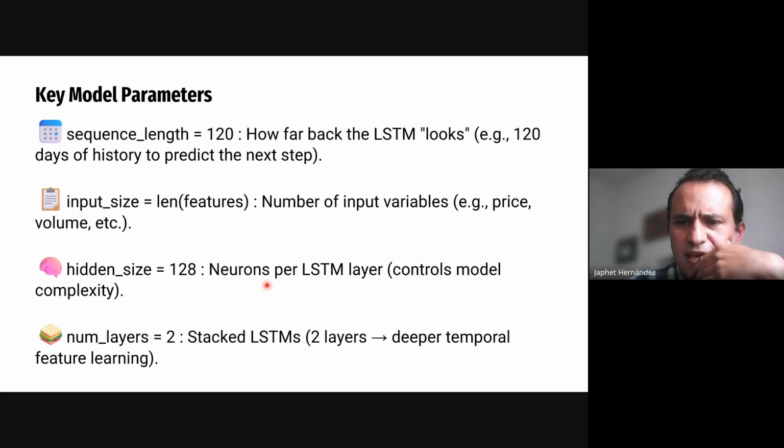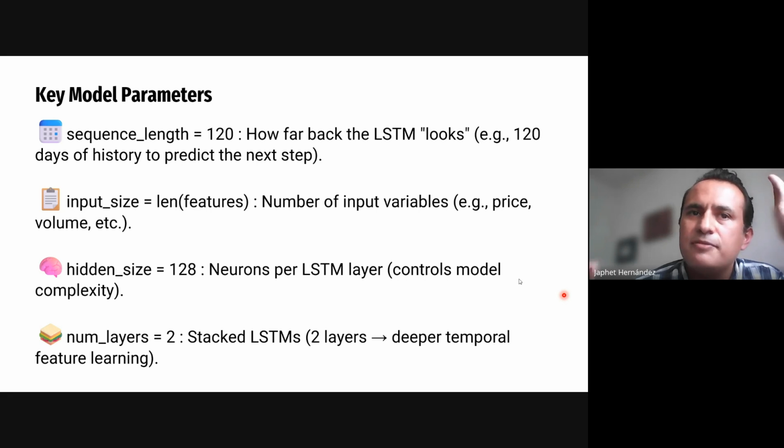Also, we defined the hidden size at 128. This is the hidden memory power of the long short-term memory network. Each layer was defined to have 128 neurons, which we can think of as brain cells, and they are learning patterns.